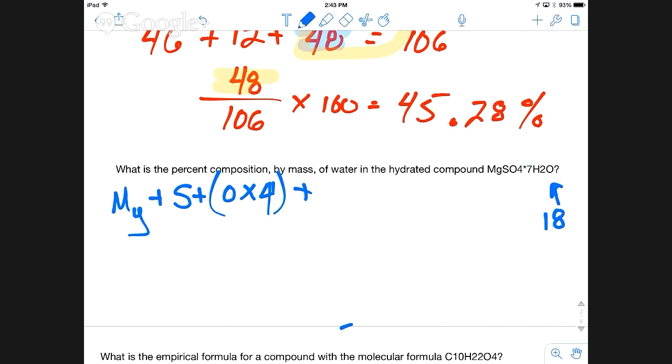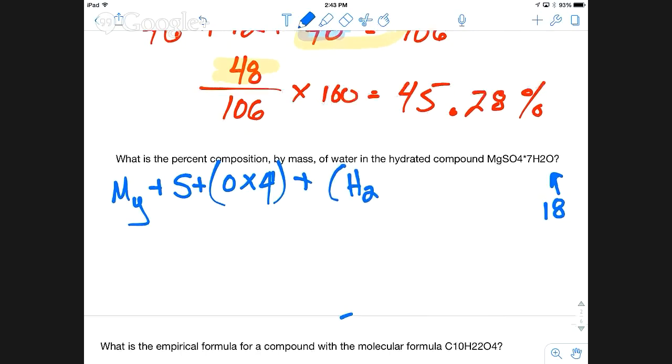And the trick, I think anyway, is if you keep water as one whole thing, and in this case, multiply by 7, because there's 7 waters.